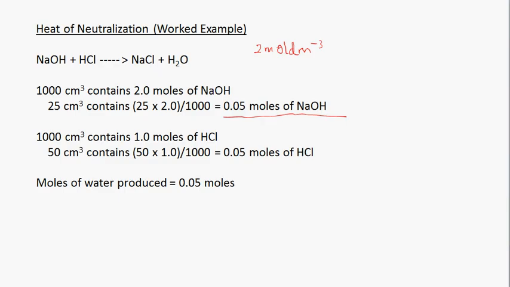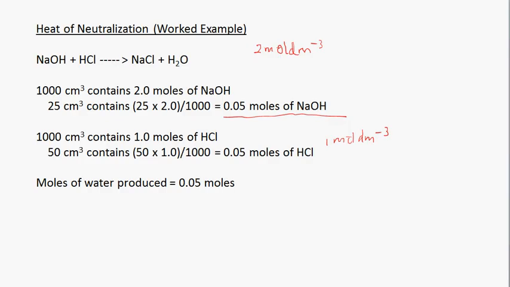The next thing we need to do is to look at the hydrochloric acid. So the concentration of the hydrochloric acid was 1 mole per dm cube. And what this means is that in 1000 cm cube we have 1 mole of hydrochloric acid.